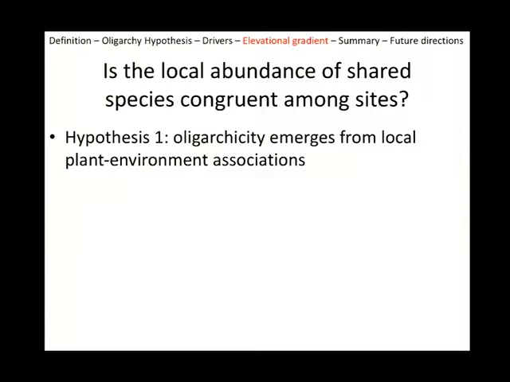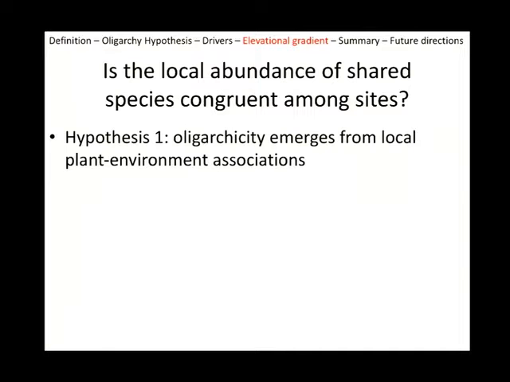The first hypothesis emphasized the role of local processes in generating regional scale oligarchic patterns. So if the conditions here determine the abundances of the species here, the abundances of the species will be correlated as long as the conditions are the same.